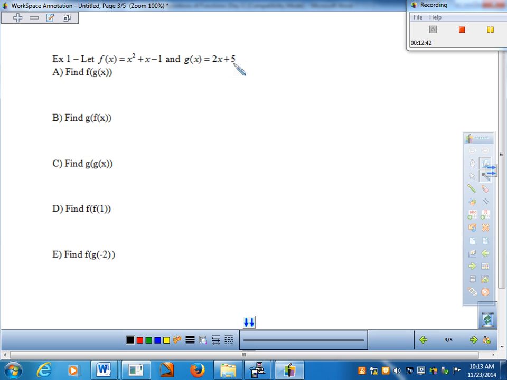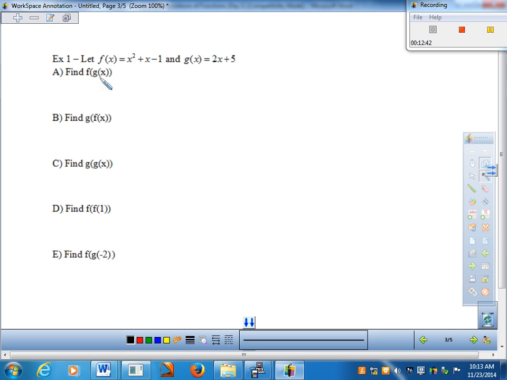What we're going to do is combine them together to create a third function. So always remember that. That's what we're doing. We're combining functions together. Not adding, not subtracting, not multiplying, not dividing, but a fifth operation dealing with what's called compositions of functions. All right, so f composed of g of x.